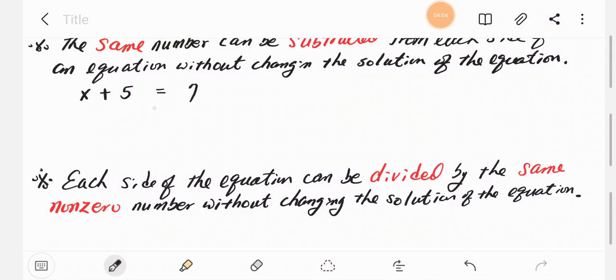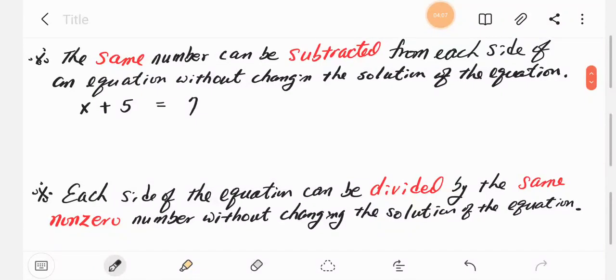This property means you can subtract a number from each side, it doesn't matter. Here is a balance, in the center. Keep the balance. The left side and the right side have the same weight. Let's say this side has 5 apples and this side also has 5 apples with the same weight. Then you can add one apple to the left, and you can also add one apple to the right to keep the balance, right?